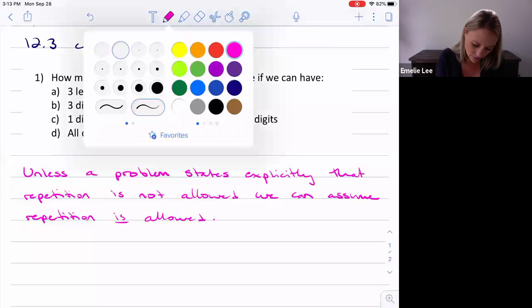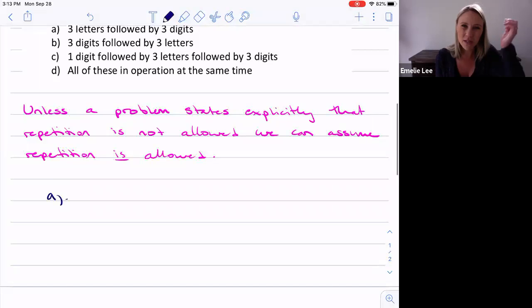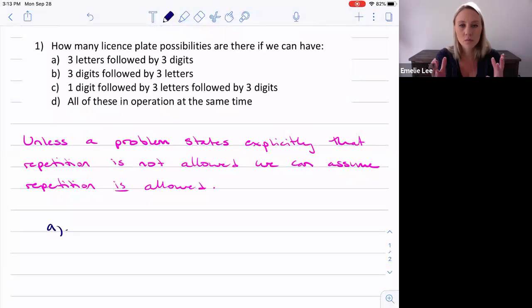So what you're gonna do to solve this one is, and this is what I mean by slots. For the letters, let's assume just the English alphabet, we have 26 letters, right? That's an assumption that we're making. And then for the digits, we've got 0 through 9. So we have 10 digits to choose from, right?